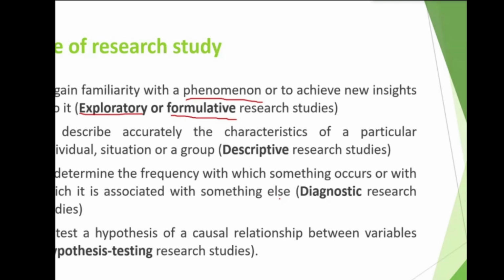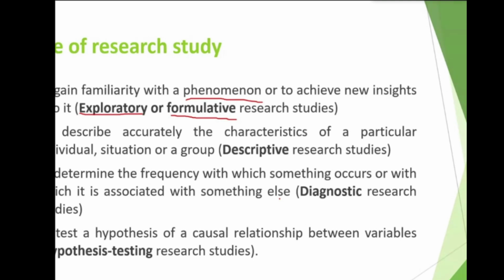There is yet another way of doing research, which is to test a hypothesis of a causal relationship between variables, and this is what you call hypothesis testing research studies. Here we say that because of a particular parameter, another parameter is getting affected, and you want to see whether these two parameters are related in some sense.